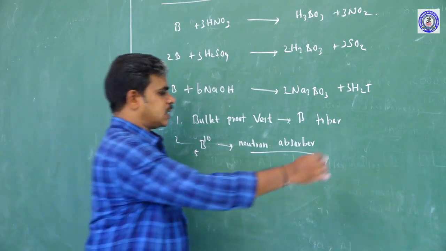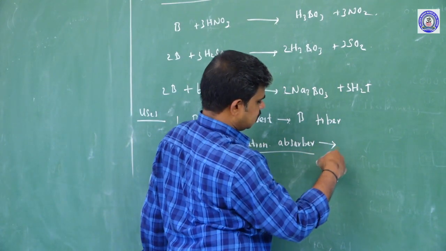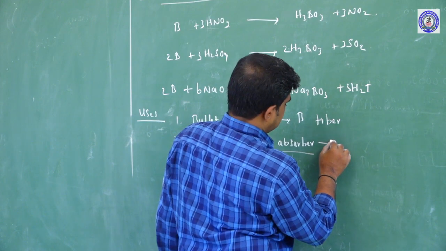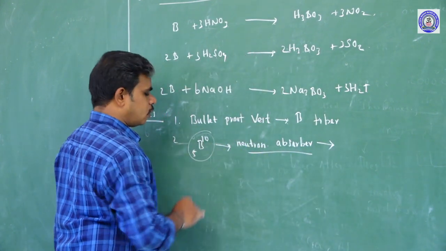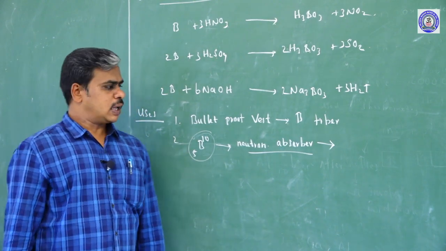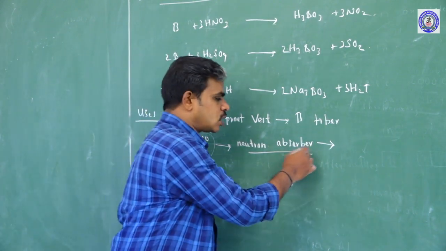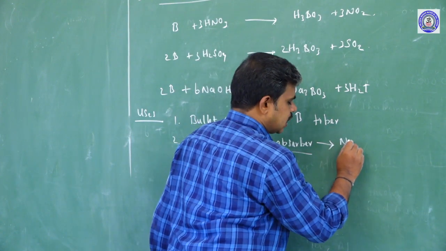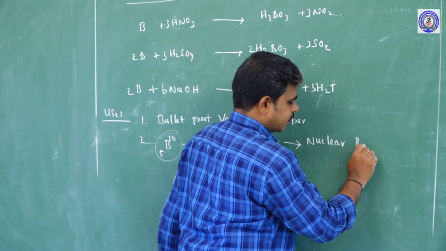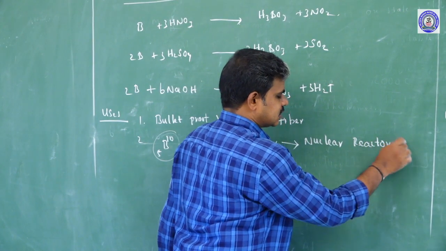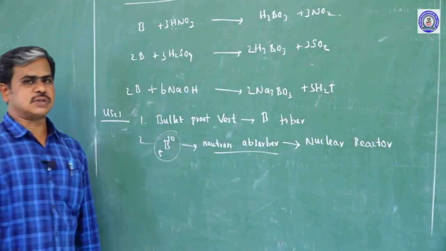So this B-10 boron in boron rods is used as a neutron absorber in nuclear reactors.